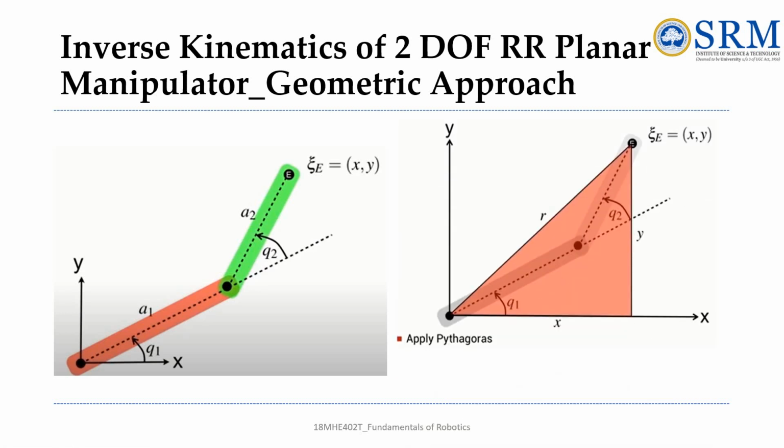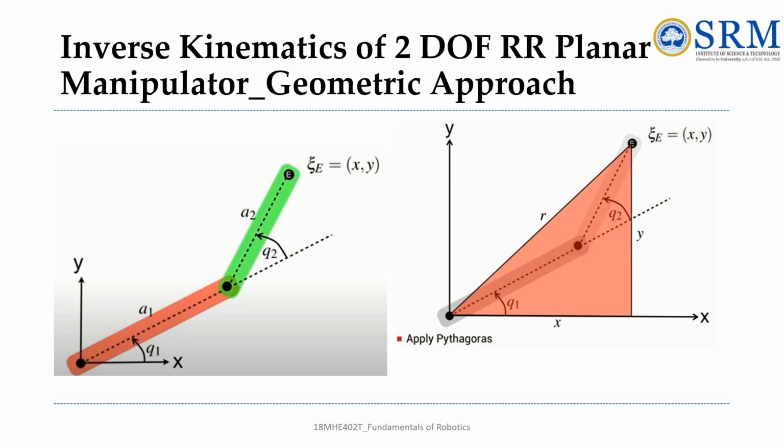For this, we use the geometric approach, or inspection method, to find the joint angles and the link variables. First, apply Pythagoras.